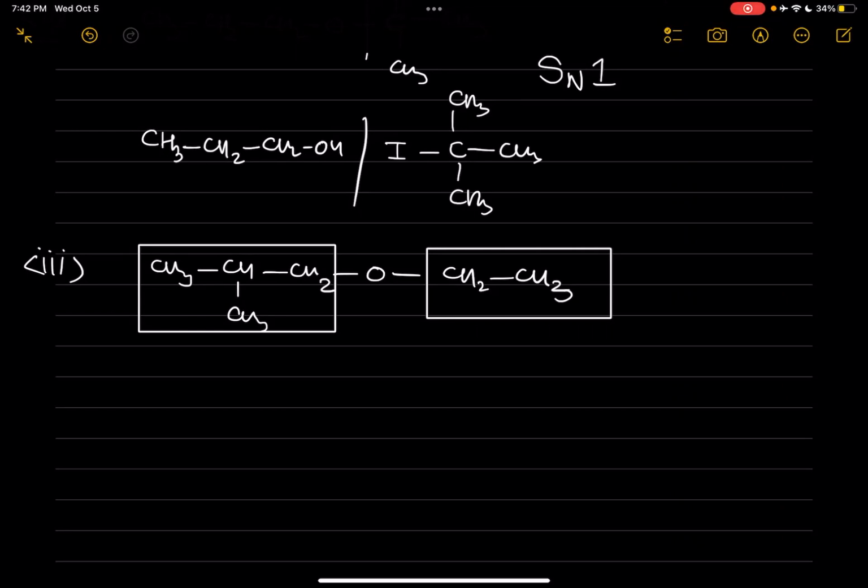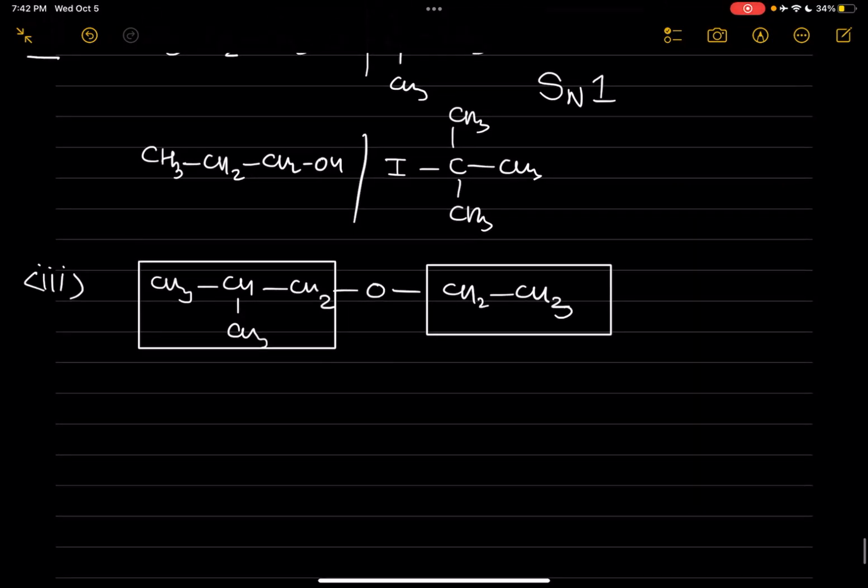Sir, I didn't understand why. Yeah, it appears to be tertiary, but actually you need to look at this carbon. This is primary. It is connected only to one carbon. And this is also primary.